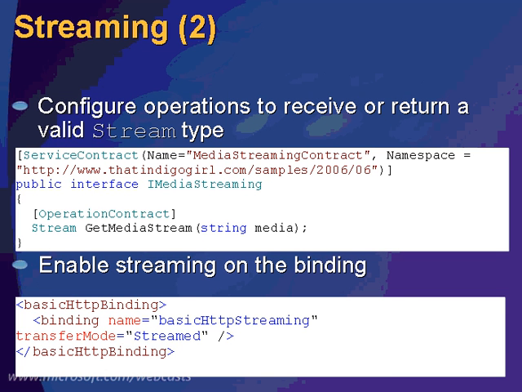So how we configure this is we need to return or receive a stream. So this is an example, get media stream returns a stream object. You can return a memory stream, but of course it makes more sense to stream from a file so that you're not bloating memory or using server memory resources. And the binding, of course, needs to change the transfer mode to streamed.